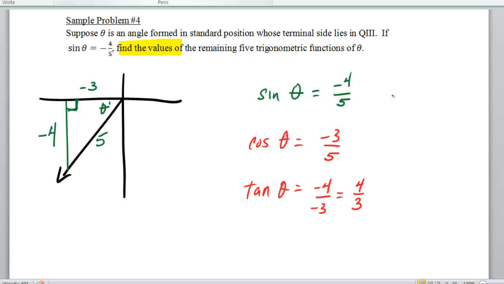And then of course we have the reciprocals. And we've evaluated all of the 6 trig functions, given the first trig function. So a couple examples there of using the unit circle, and many more possibilities for problems using that.